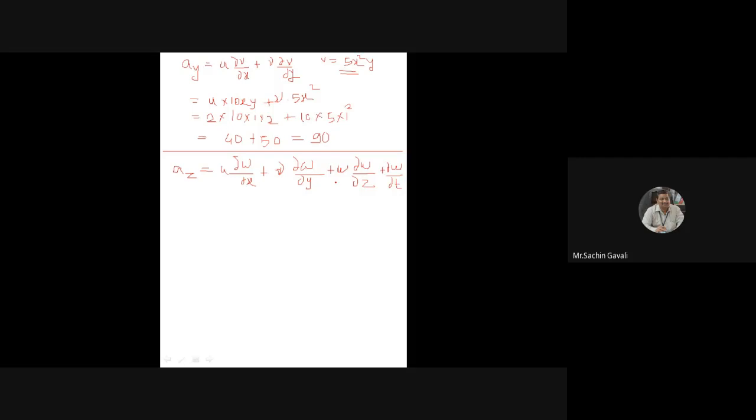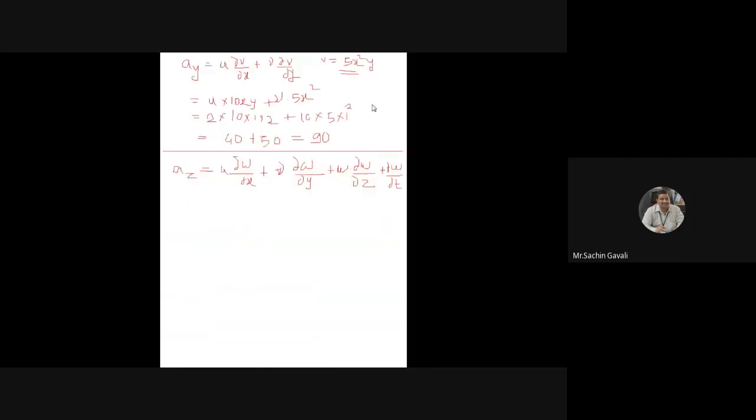But I think w is equal to only 40. Therefore, it is not a function of x, so these terms will be 0, 0. So only az is equal to dou w by dou t. Okay. And that is equal to what?